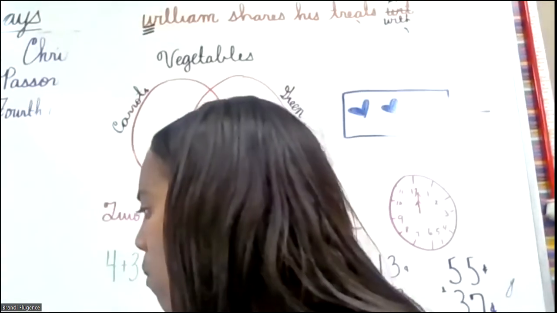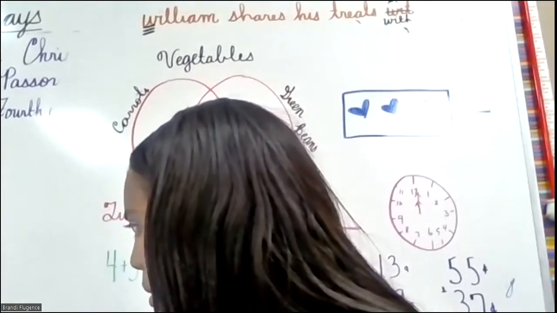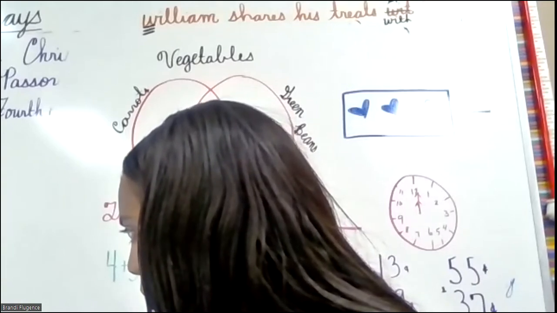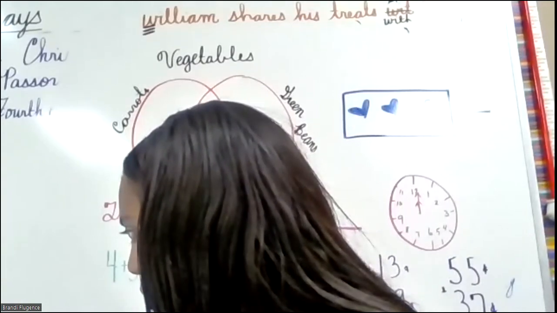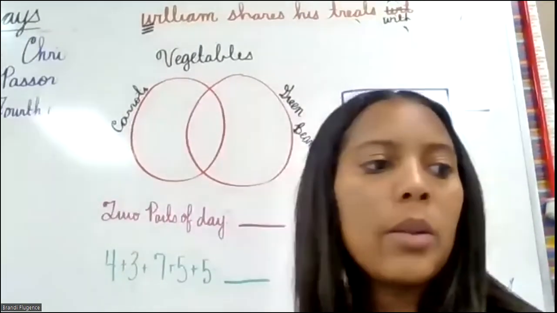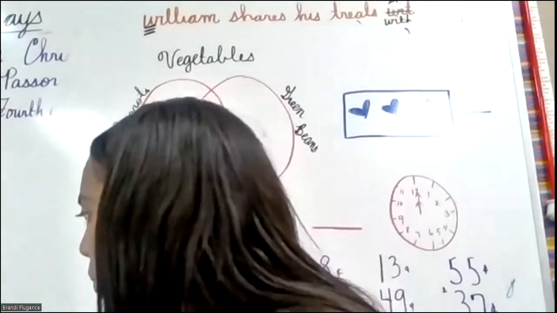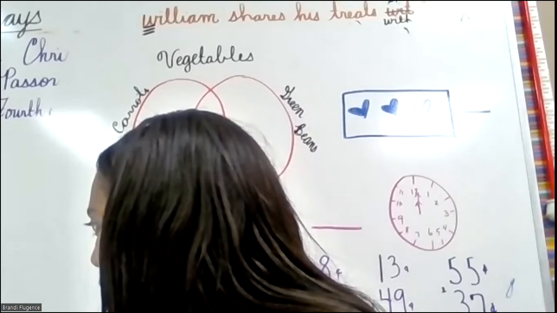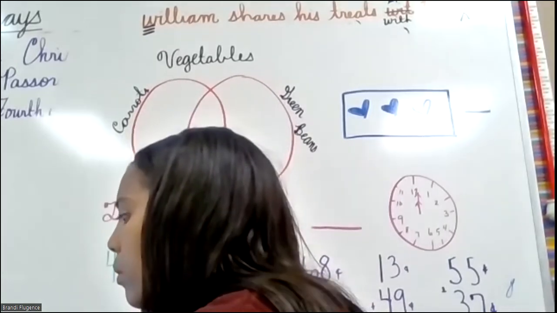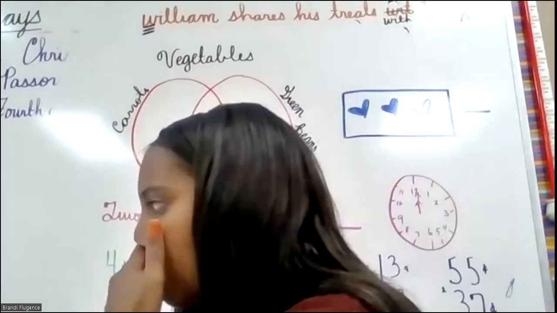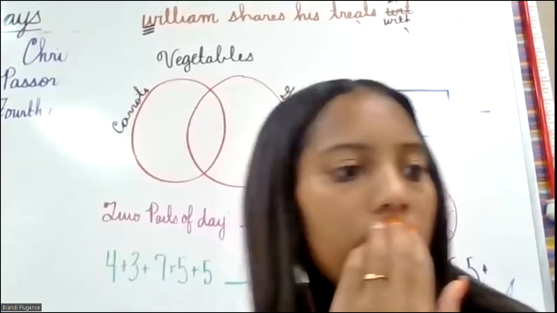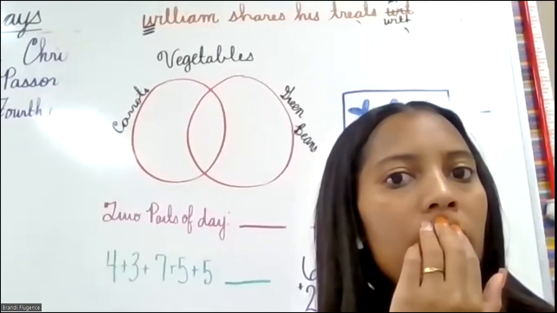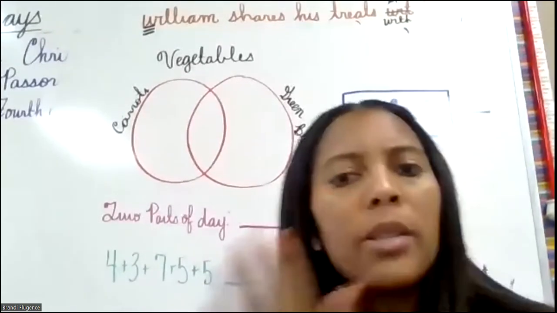Joshua. 1 minus 1 equals 0. Dennis. 9 minus 1 equals 8.